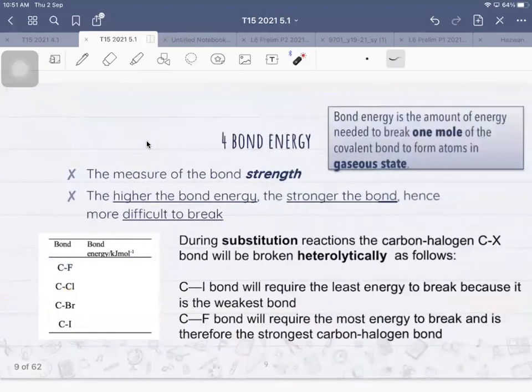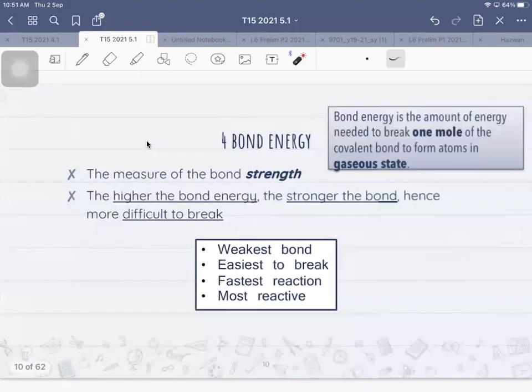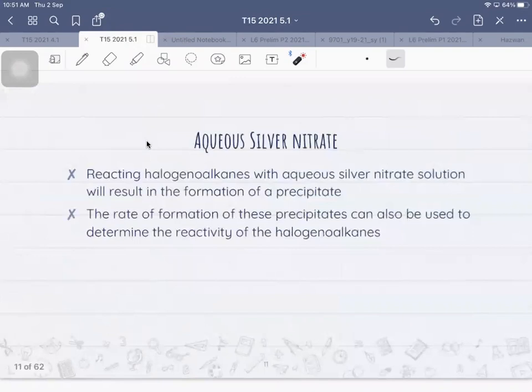Okay, and the good thing is that we can use silver nitrate to investigate this reaction, to time the reaction. So whenever we have a reaction that we can observe, we actually can investigate it, for example, the formation of a precipitate.